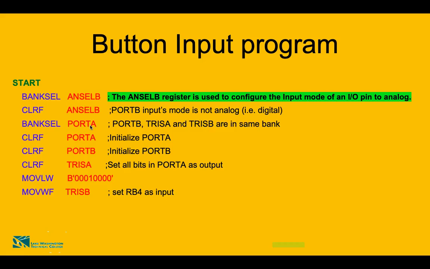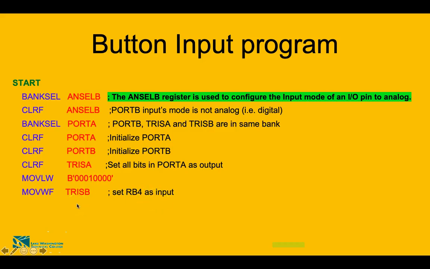And then next is moving this literal number, 0001 0000, to the working register, and from the working register moving it to TRISB. If you move this to TRISB, it means you're setting this particular bit as your input. If you count from here, this is your RB0 to RB7, so this place is your RB4, and that's what it says here: set RB4 as your input.